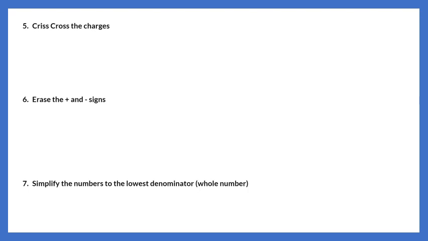So we have Cu with a +2 charge, PO4 with a -3 charge. And step 5 says to crisscross the charges. So the -3 comes down to the Cu.